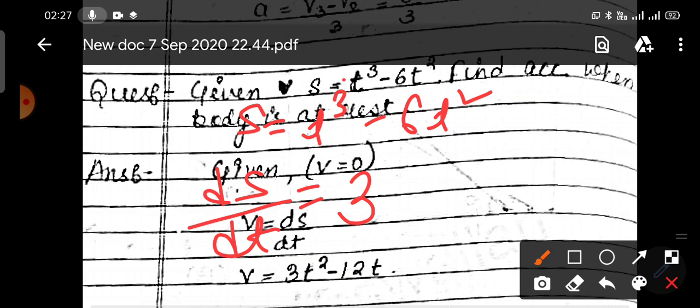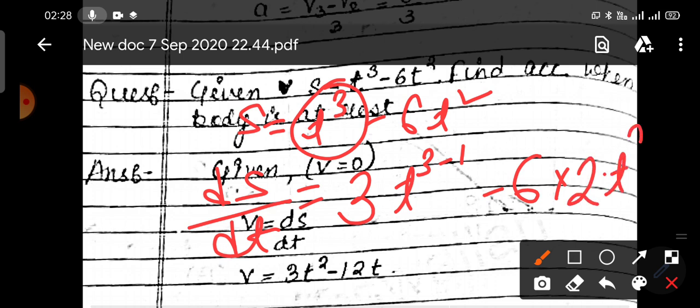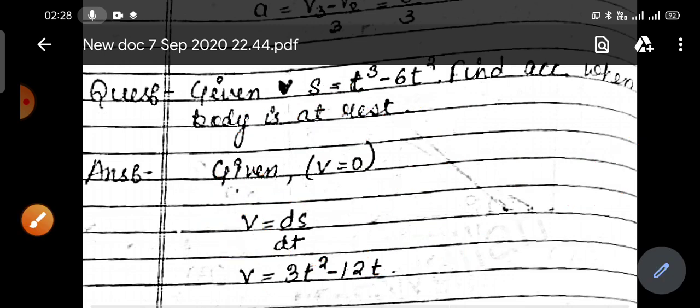That means 3t to the power 3 minus 1, minus 6 into differentiation of t square, again n is 2, t to the power 2 minus 1. Okay, that means 3t square minus 12t, correct? Now ds by dt means v.